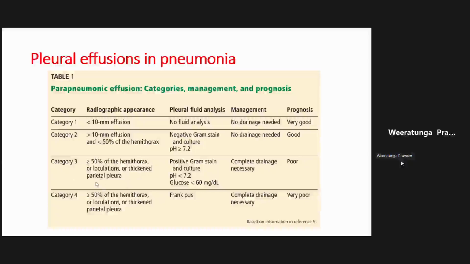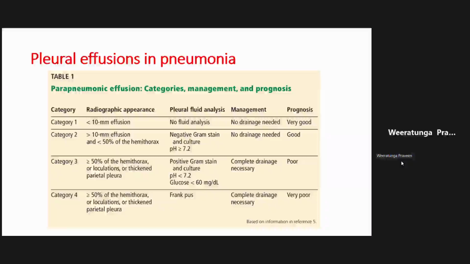Loculated means pockets of pus. There are pockets of pus in sort of loculations. Loculation is like a wall with pus in the middle. Right? So that is how it works. And the pleura around it is thickened.